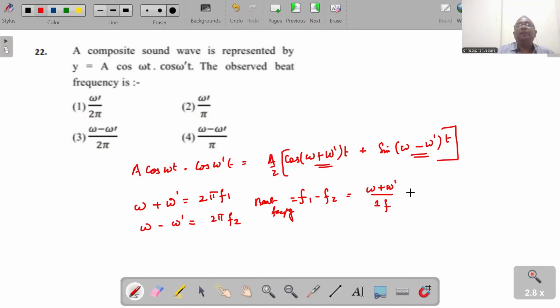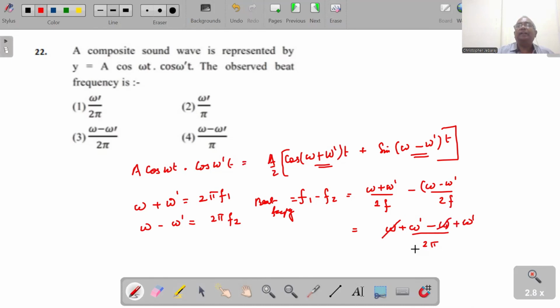F1 minus F2 is nothing but omega plus omega dash minus omega plus omega dash by 2 pi, taking 2 pi out common.